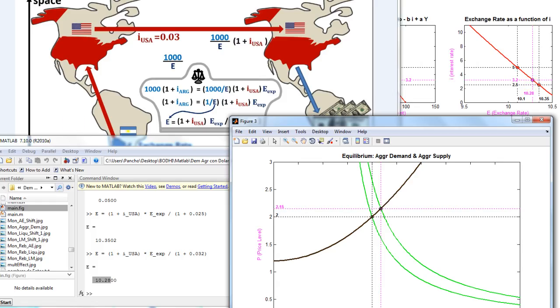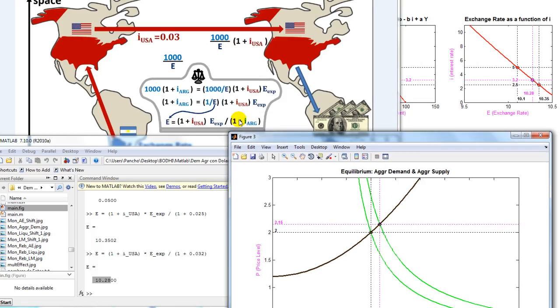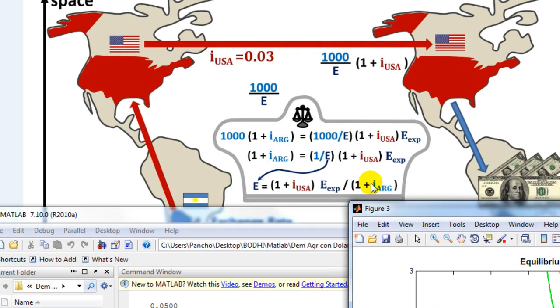So in conclusion, if these two exogenous variables, exogenous in the model that we have developed up to now, change, then the exchange rate will change in direct relation, and if this endogenous variable changes, then the exchange rate will change in inverse relation.